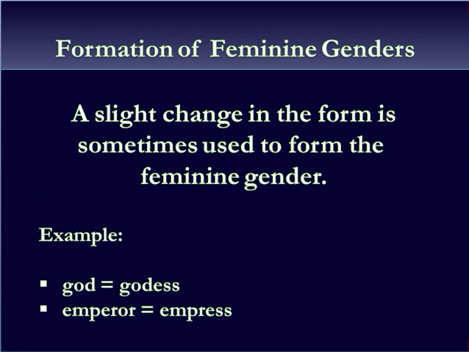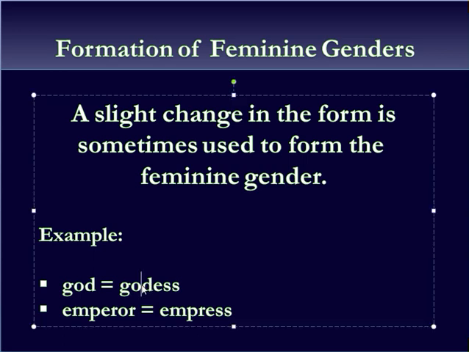So let's move on to the next way of making a feminine gender from a masculine gender. That is, a slight change in the form is sometimes used to form the feminine gender. For example, God, goddess, and emperor, empress.